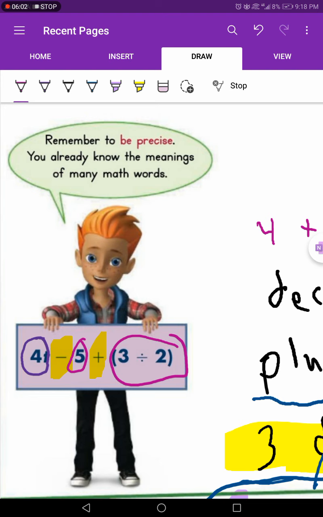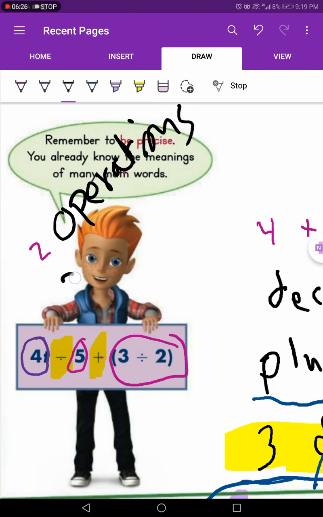I have minus and plus, 2 operations, so I have 3 terms.